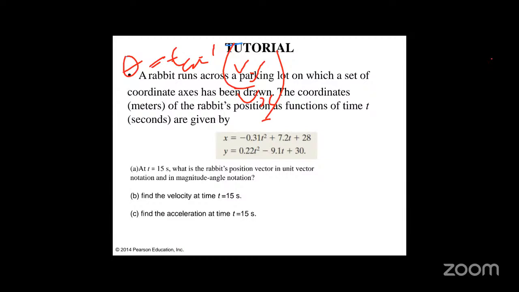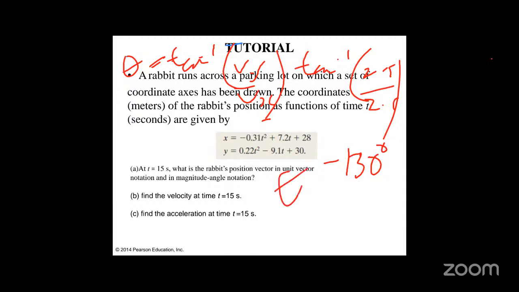So the minus will cancel out. We are going to have inverse tan of 2.5 over 2.1. So that will give us 130 degrees. So theta is equal to minus 130 degrees.